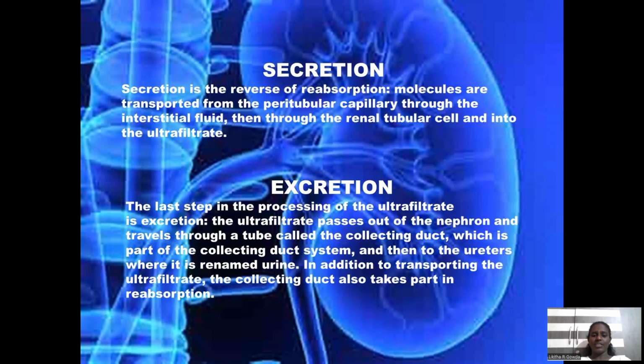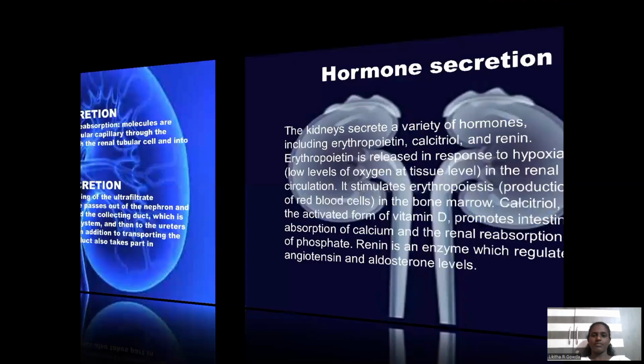The ultrafiltrate passes out of the nephron and travels through a tube called the collecting duct, which is part of the collecting duct system, and then to the ureter where it is renamed urine. In addition to transporting the ultrafiltrate, the collecting duct also takes part in reabsorption.